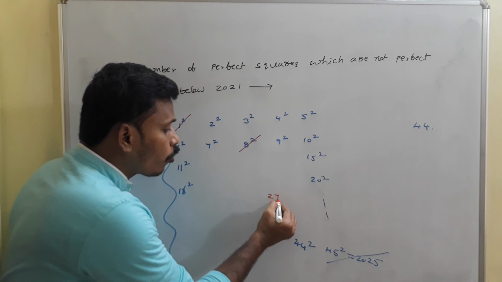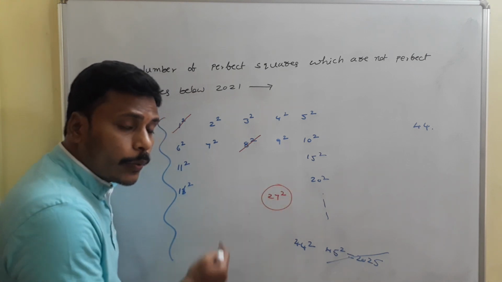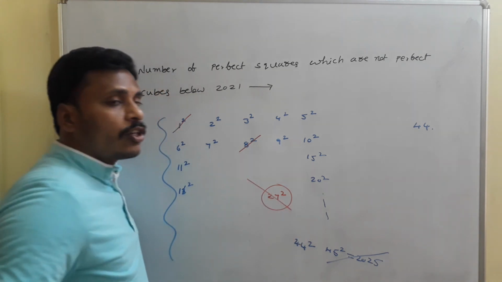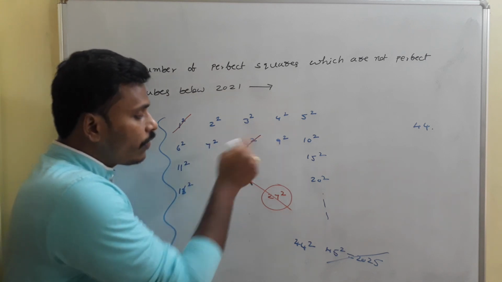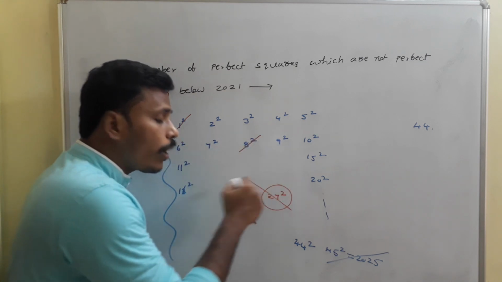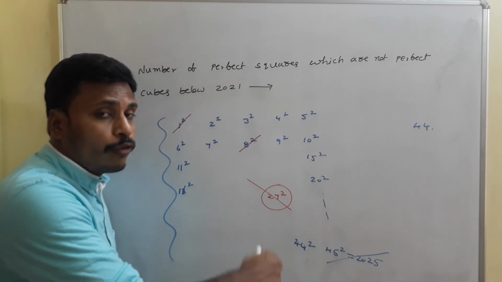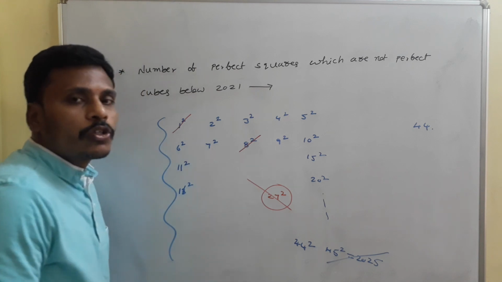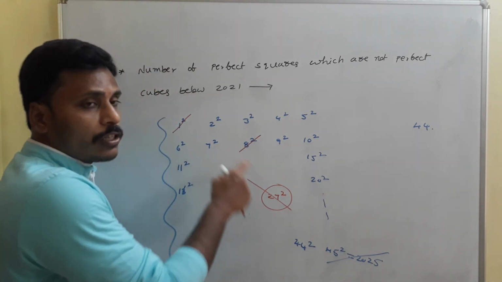Somewhere here I will get 27 square, which is also a perfect cube, so we need to neglect that 27 square also. 1 square we need to neglect, 8 square we need to neglect, 27 square we need to neglect, and then 64 square. But 64 square is not involved in these 44 numbers, so don't bother about that. So there are only 3 numbers which are perfect cubes in this 44.